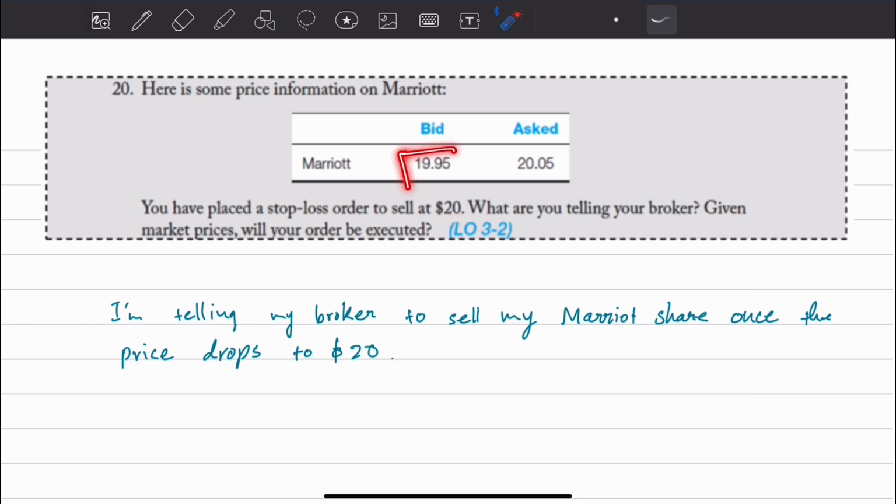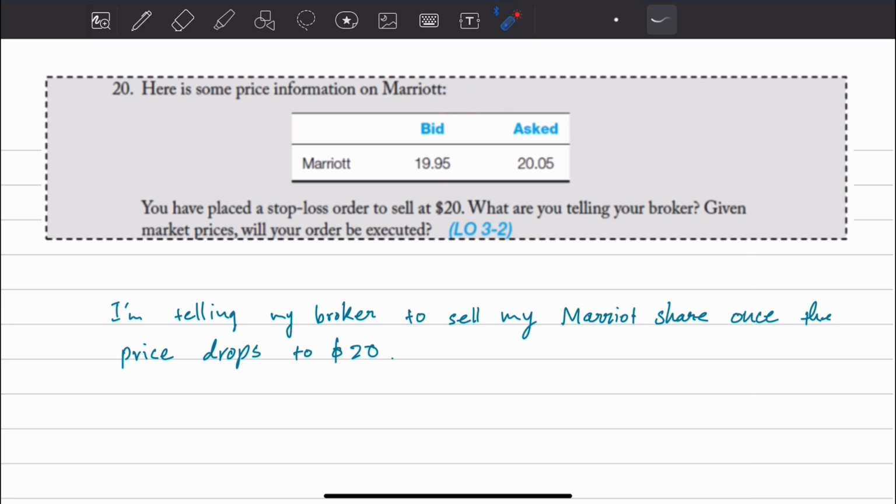Notice the bid price is not up to 20. It's just below 20. It's $19.95. So it depends. Now, once the situation is like this, this probably means that the market price for Marriott is currently at the midpoint between these two. So it's currently $20, most likely, right?